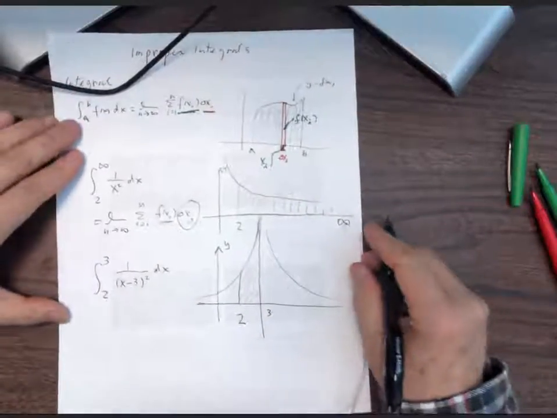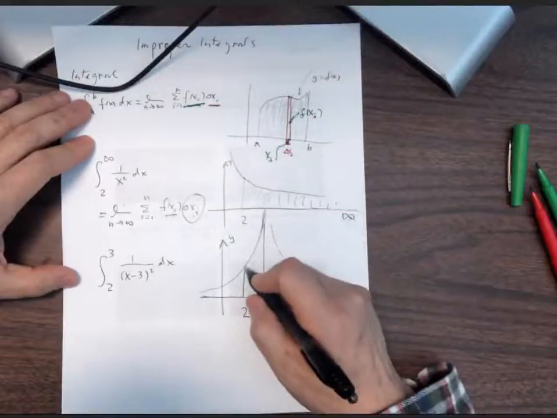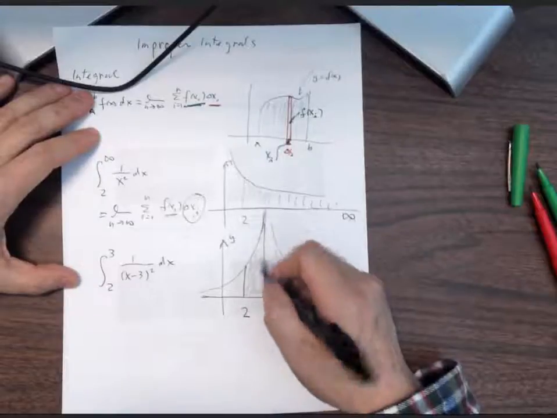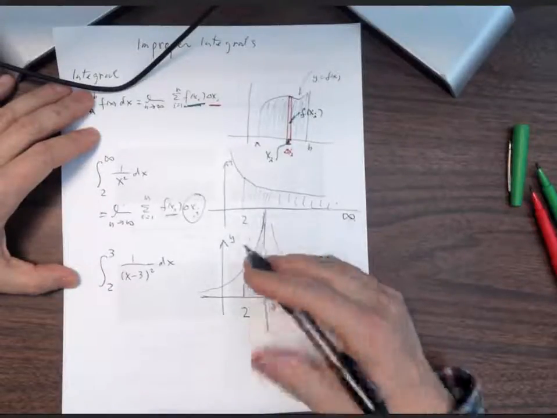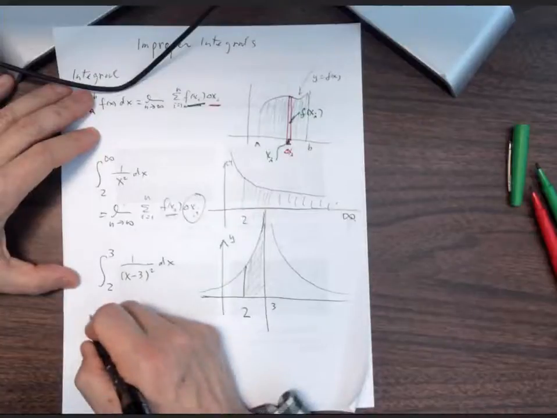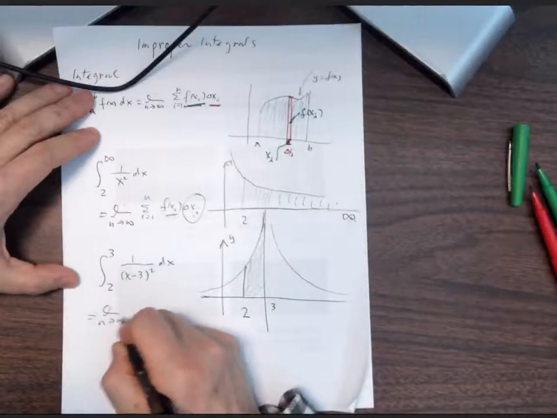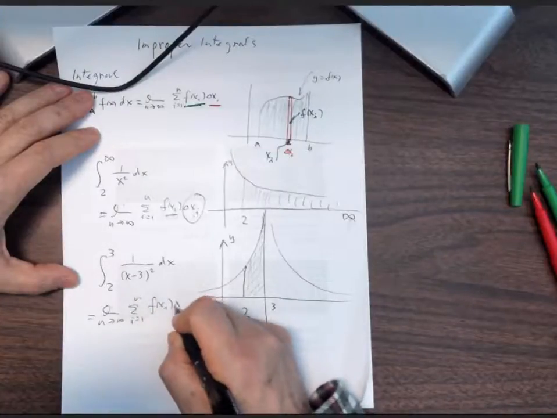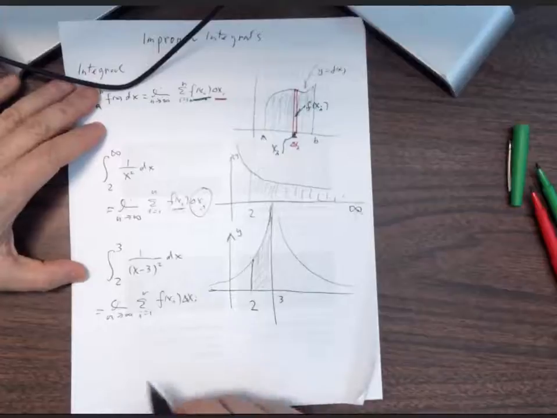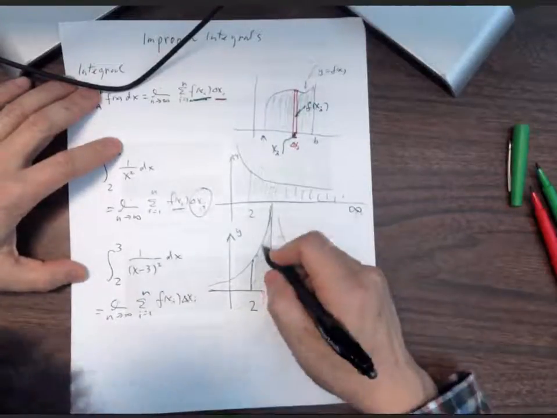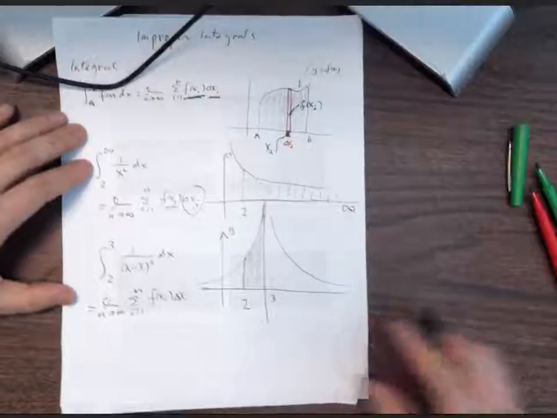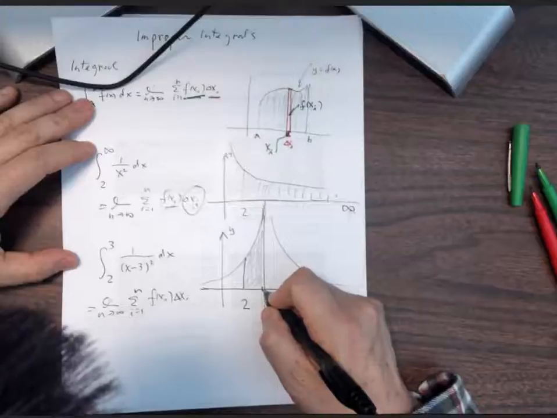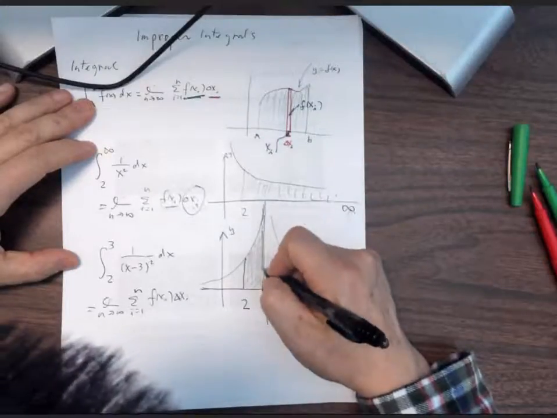So again, if we take the normal approach, that we would try to slice this into, say, n parts and send n to infinity, see what will happen. Okay, we start with the n parts. This time we check this, for example, last strip.